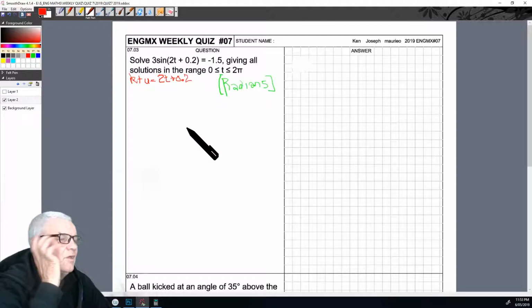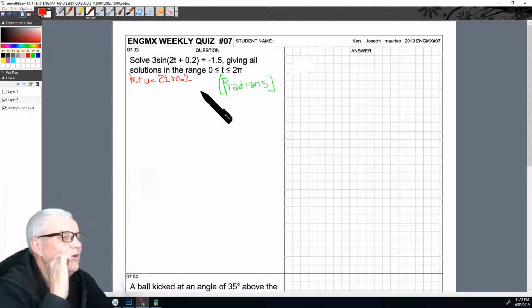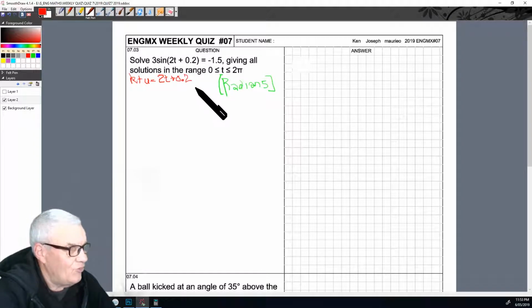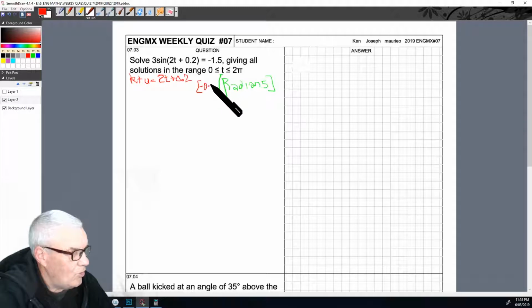Now, if u equals that, let's see what t equals. We'll find out what t equals. So first of all, I'm going to minus 0.2 from both sides.